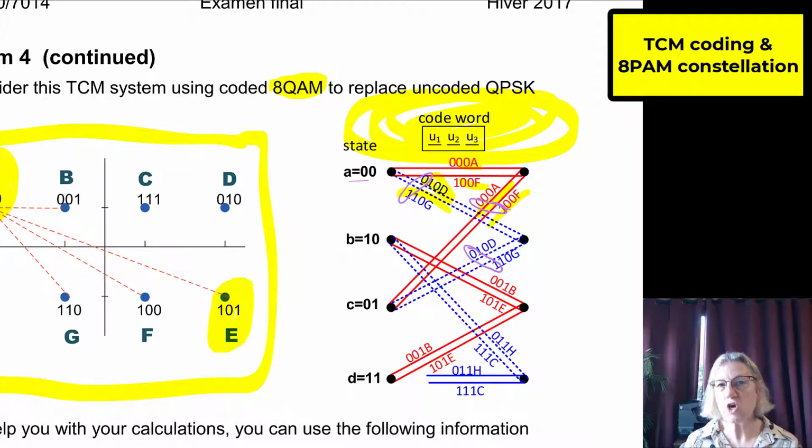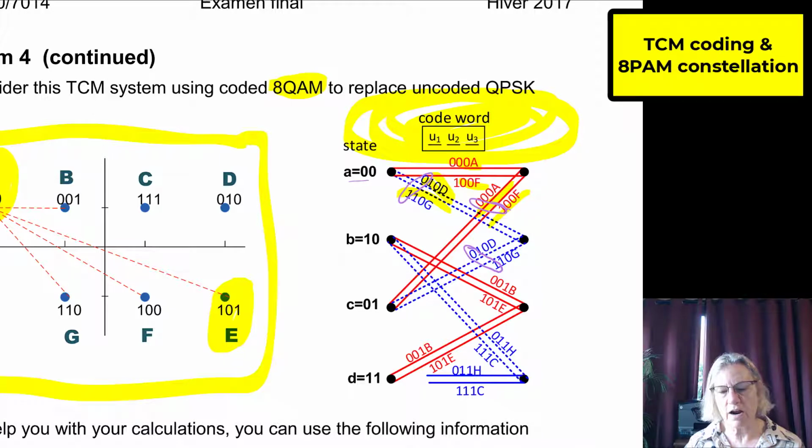And of course there's also a bit to symbol mapping for TCM, and in this case the bit to symbol mapping is also given. So there are 3 bits next to the name for each symbol, and those correspond to the bits associated with each one of these transmissions.